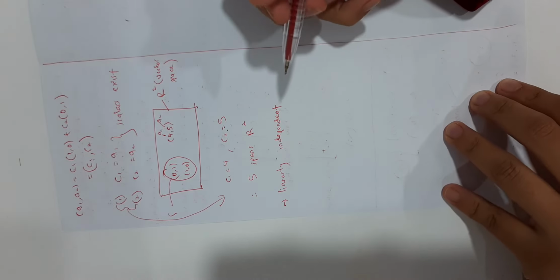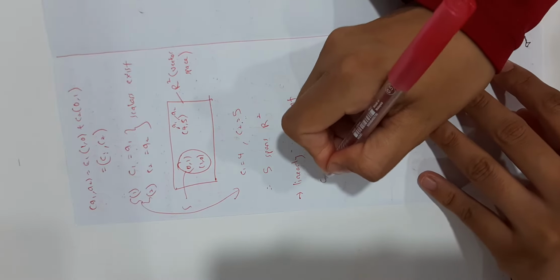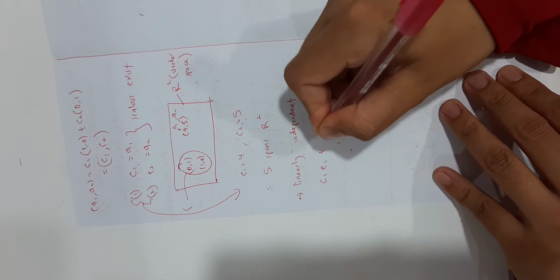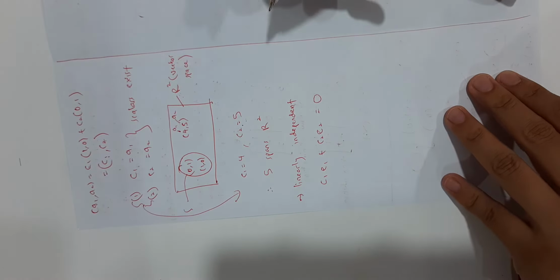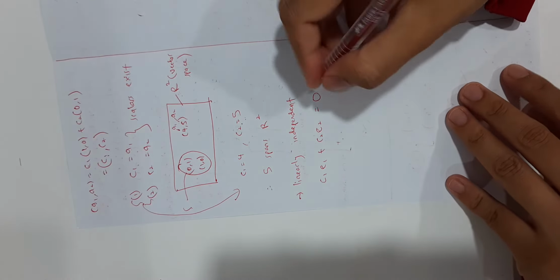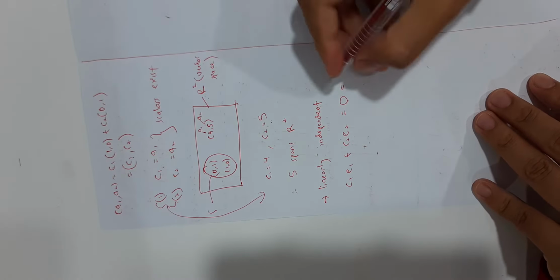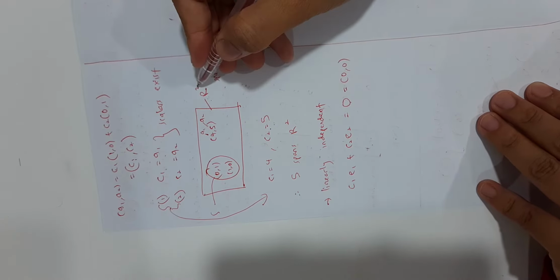How many of C1, C2, Cn do we have? We only have 2. So we have C1 E1 plus C2 E2 equals 0. What is 0 in R2? 0 in R2 is (0, 0), two coordinates because R2.